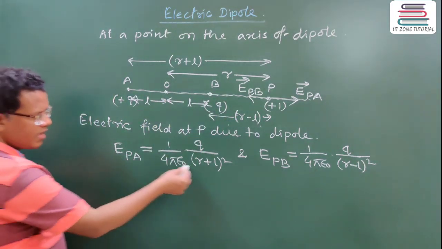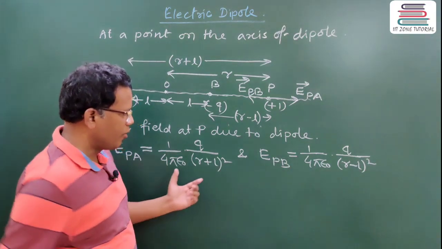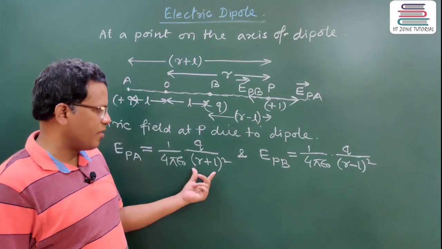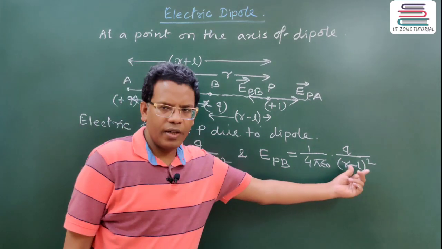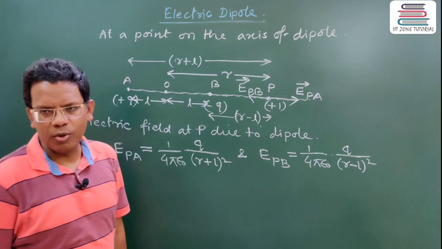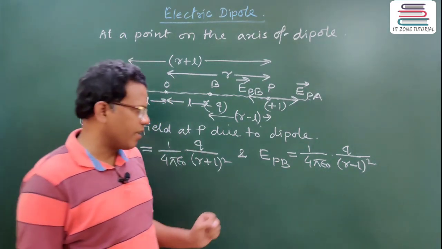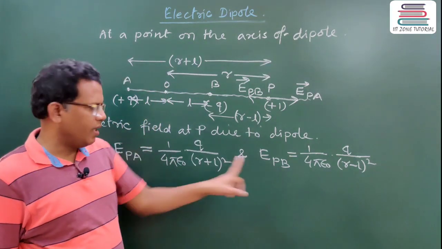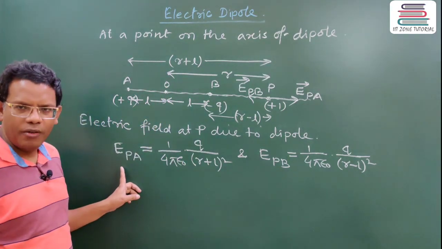So obviously by comparing these two values, we can see the numerator is the same, the denominator differs because of the different square term. The less the denominator value, the more the resulting value. So obviously the magnitude of EPB is more than the magnitude of EPA.